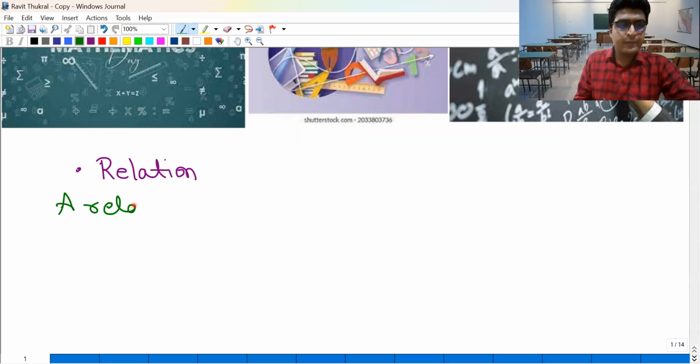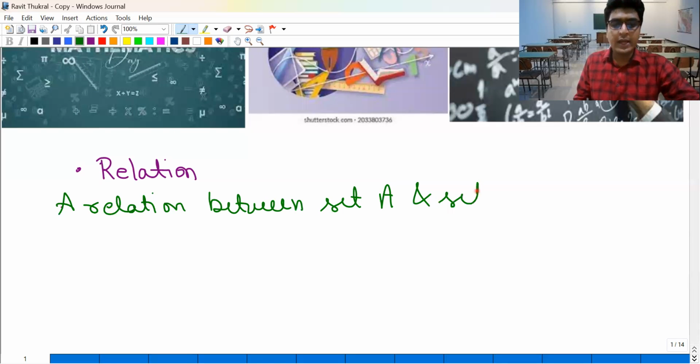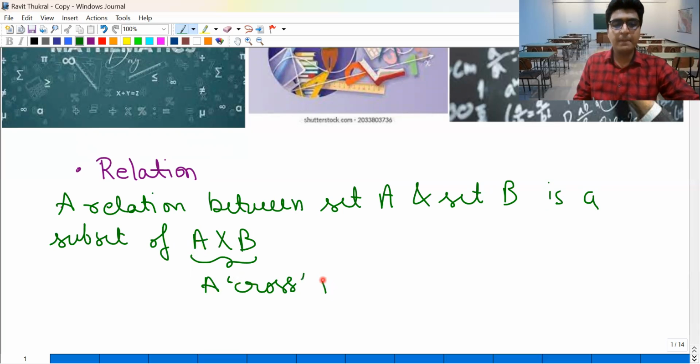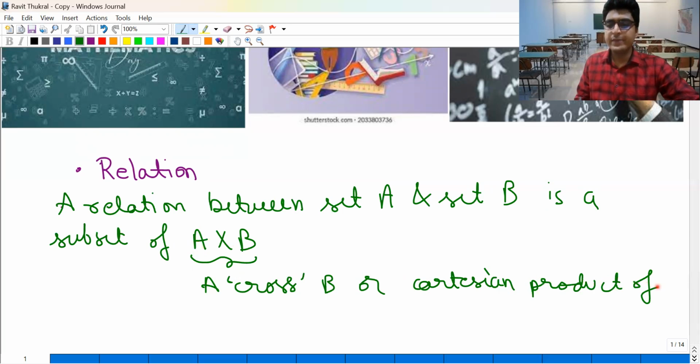A relation between set A and set B is basically a subset of A cross B. We call it A cross B, or Cartesian product of A and B. All right.